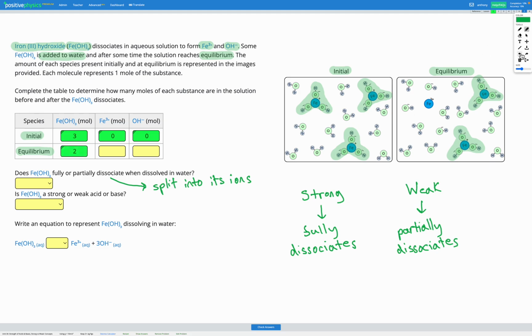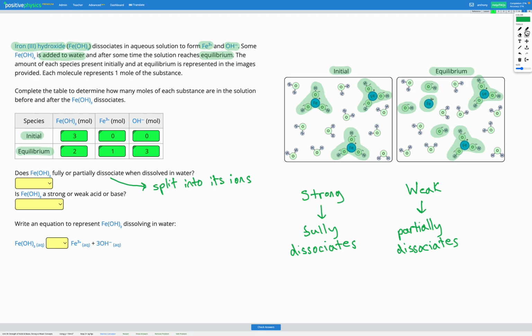What about Fe3+? I've got 1 Fe3+ here. That's all for that, so I'll pop that there. And then for OH-, I've got 1, 2, 3 OH- at equilibrium. So we can see that one of our Fe(OH)3 has split up to give Fe3+ and 3 OH-.